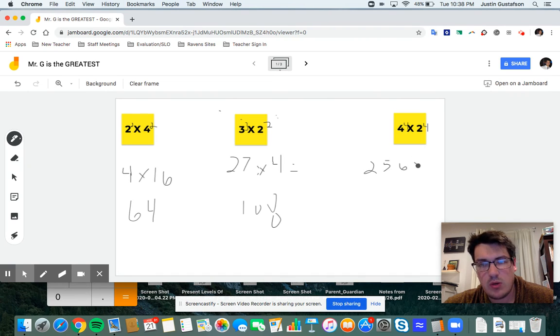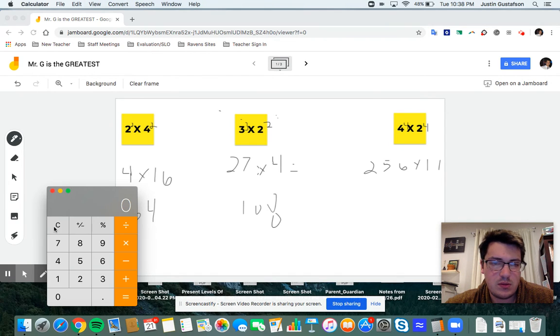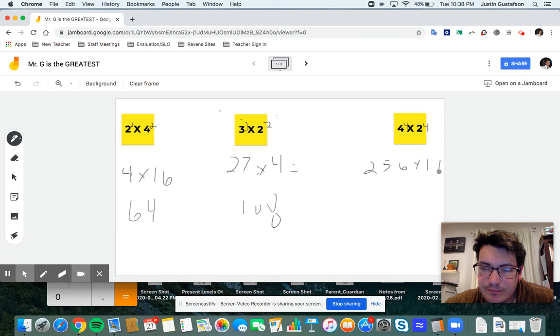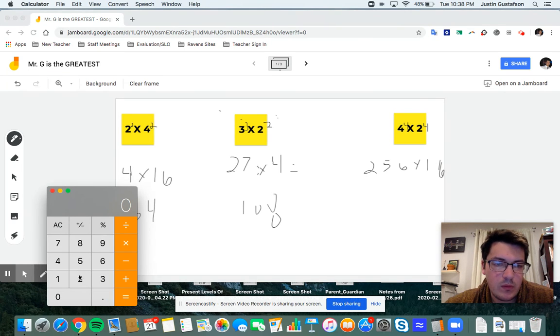Times, we already went over, 2 to the 4th power is 16, right? All right, let's see if we could do it. 16 times 256 equals 4,096.